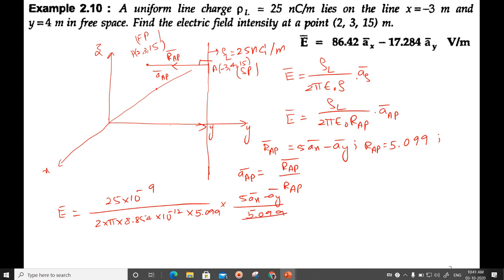So I will cancel this and I will make this as square. Then I will calculate this entire thing. So 25 exponential minus 9 divided by 2 into pi into 8.854 exponential minus 12 into 5.099 square. So close the bracket. So 17.28 I am getting. So I will write it here.